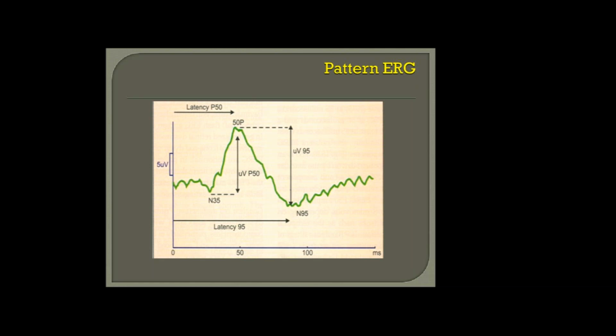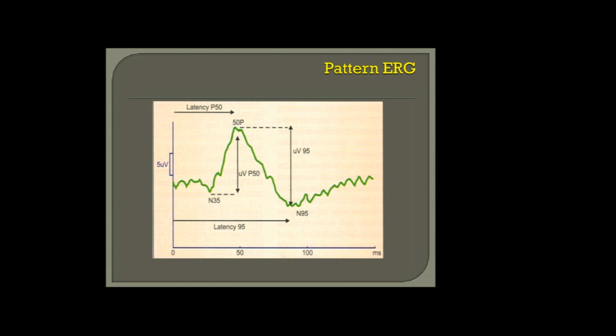N35 should be formed within 35 milliseconds, P50 within 50, and N95 would be around 95 milliseconds. It does not mean that it should always be exactly at 50 or 95 milliseconds, but overall it should be around 50, or 55 or 45, or around 90 to 92 or around 100, but it should not go longer than that.